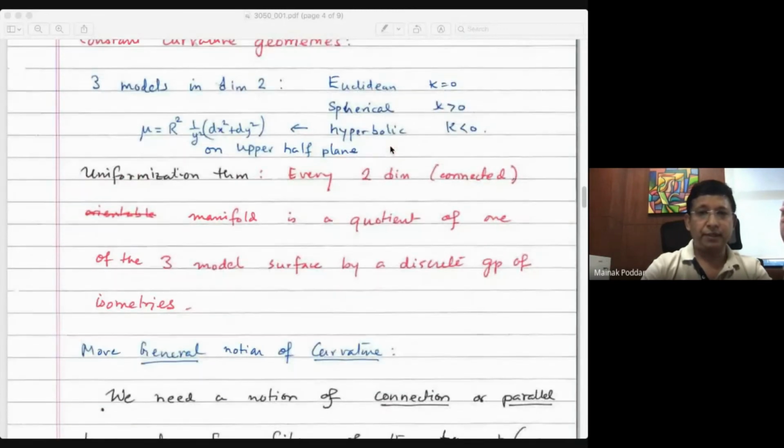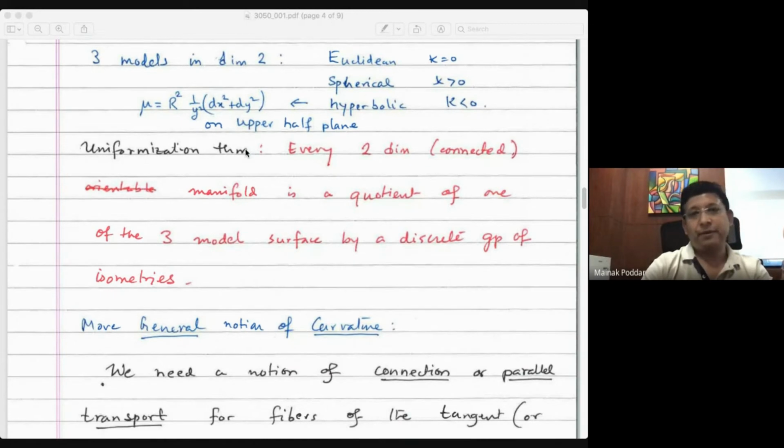The third type, you can model it by using this Riemannian metric, which I have written down. This is close to the Euclidean, but you have 1 over y squared. So in this metric, the lengths become very large when you go near the x-axis because of the 1 over y squared. It has constant negative curvature.